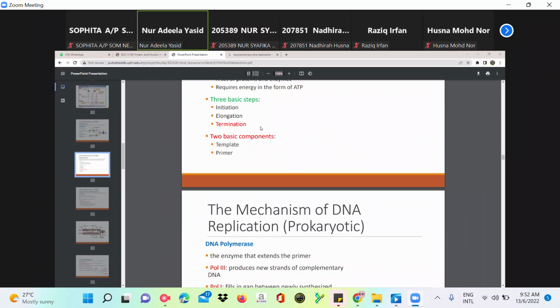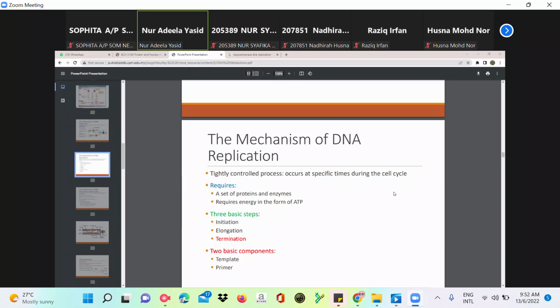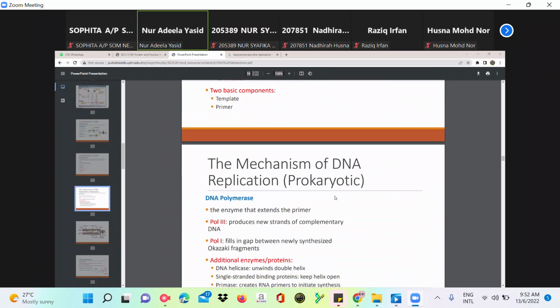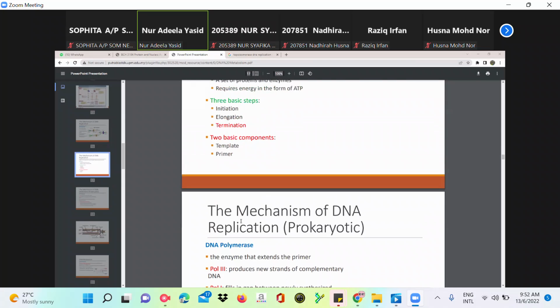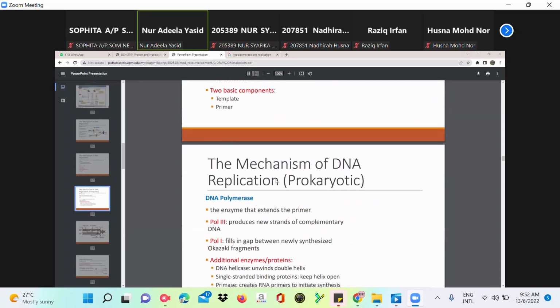Alright. Apart from this, in PCR, one of the most important things is that we need DNA polymerase. DNA polymerase is part of the enzymes, also known as DNA replicase.